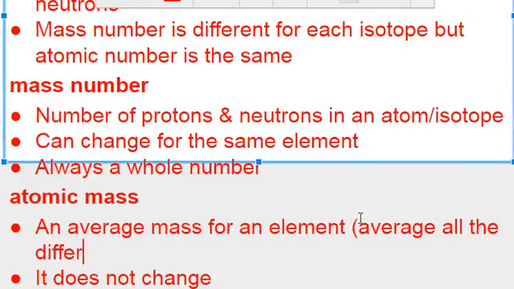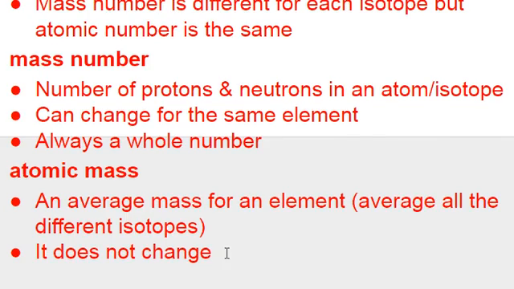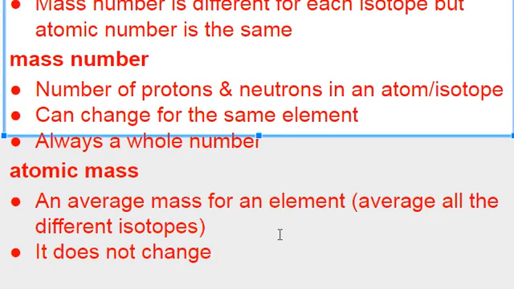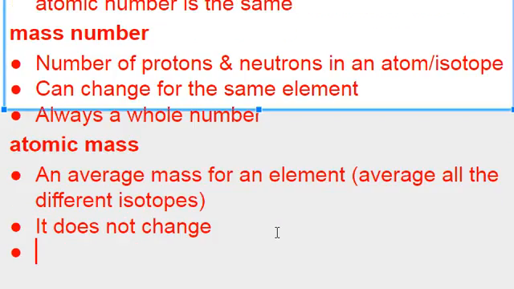So you average all the different isotopes using their percent abundance and their mass like we've been doing. It does not change, and it's going to be a decimal. So it will never be a whole number.